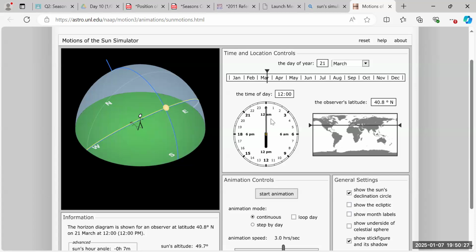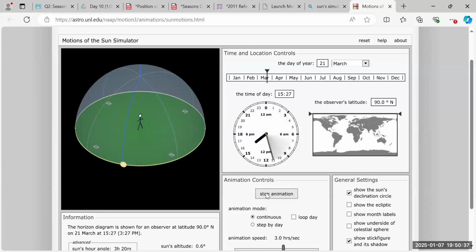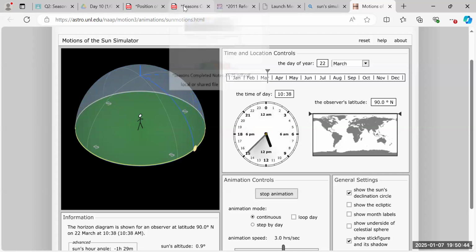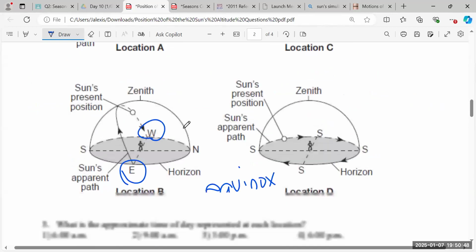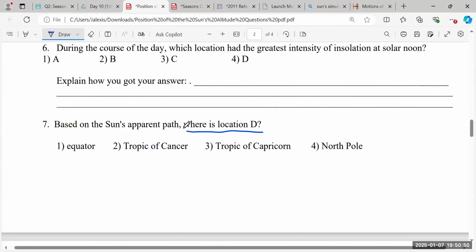Here we go. So when I'm looking, there's only one latitude that mimics the diagram. As you see, I'm raising it to 90 degrees north. And as you can see, we are at the North Pole. So therefore, the correct answer is going to be choice 4.